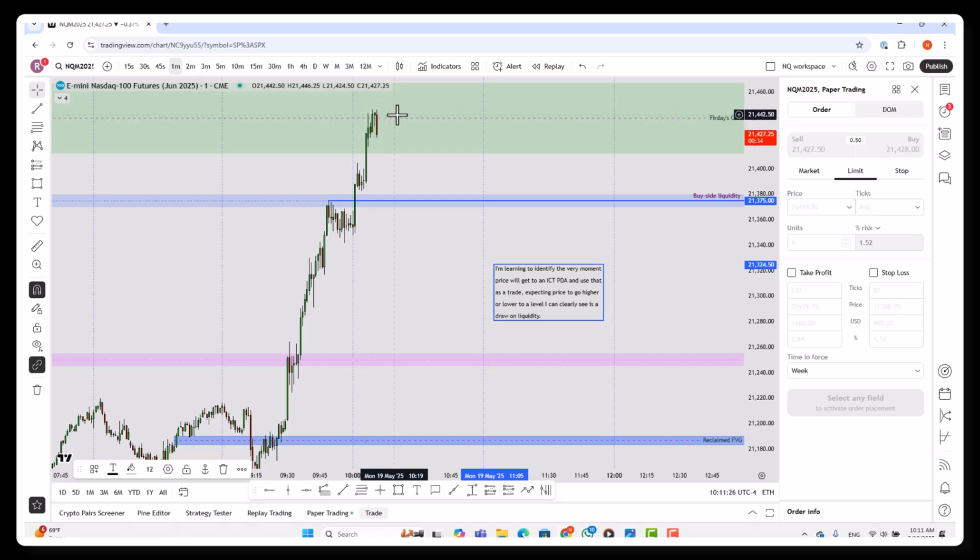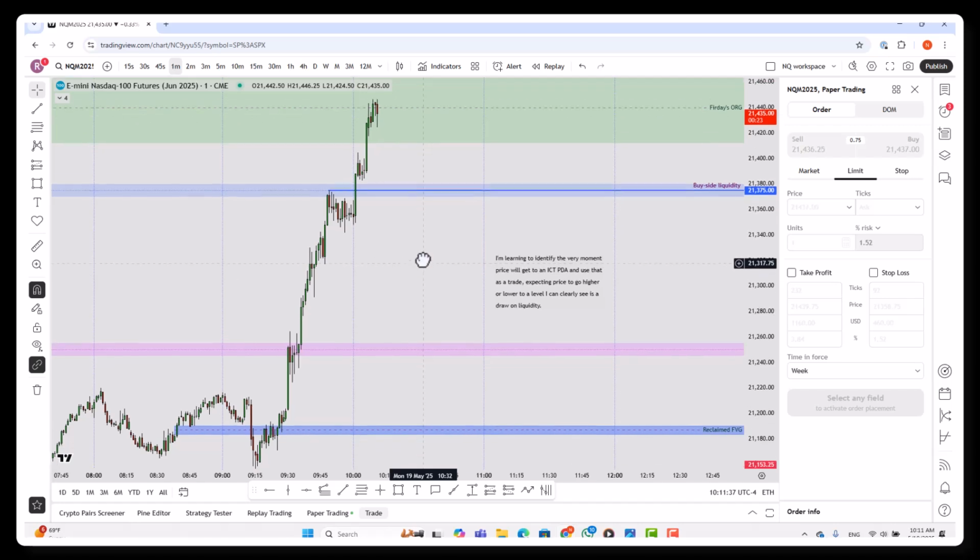So here you can use the fair value gap and still target the draw there, right? Friday's opening range gap. That was the draw. Now price has delivered to that. What is going to happen next? I don't know.